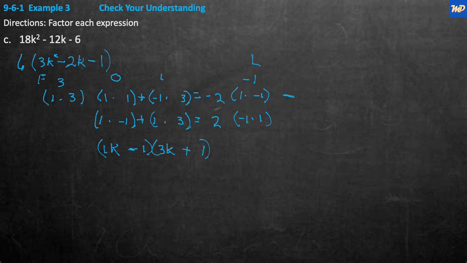There's our factored trinomial, but we're not done yet. The reason why is we have to go back to the original trinomial and get the 6. We have the 6.